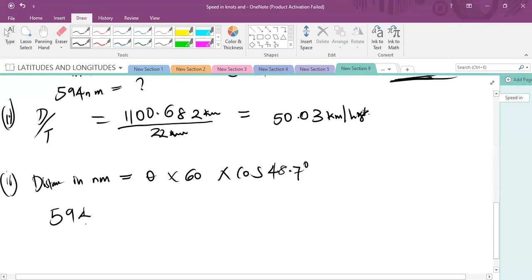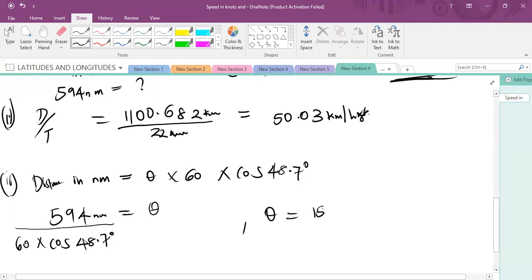So 594 nautical miles is equal to, we don't know this theta here, the longitude difference between A and B. So that's what we want to get. In order for us to get that, we'll divide this side by 60 times cos of 48.7 degrees. And that gives us theta. If you evaluate that correctly, you will get 15 degrees.